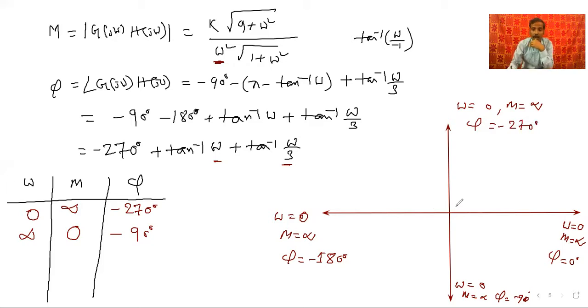At the origin, omega equals infinity, M equals 0. So plot the polar plot.